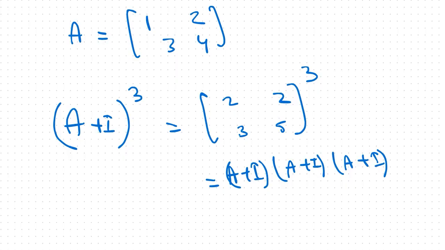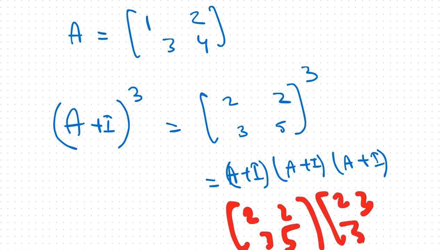It's not like A alone; we are adding I, right? So A plus I will be this: 2 2 3 5, 2 2 3 5, 2 2 3 5, three times.